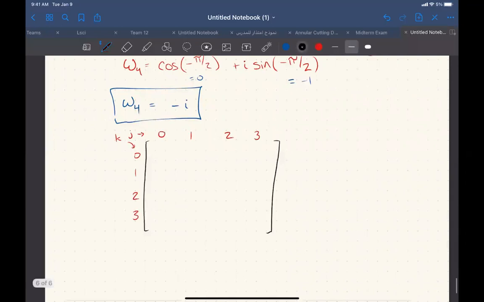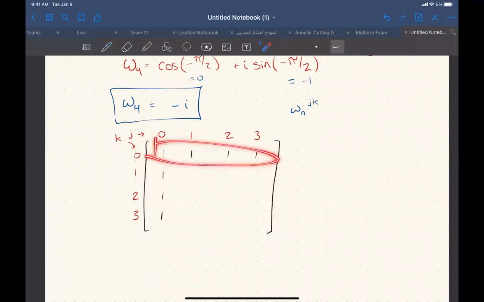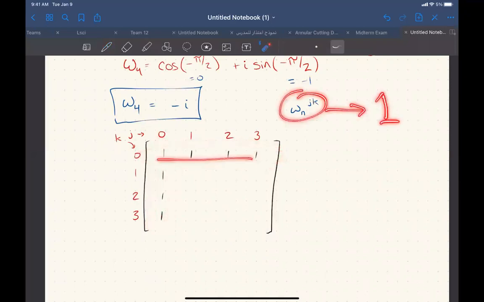Of course, you'll remember that the top row and the first column are 1s. And every element inside, even these top rows and top columns, is simply omega n raised to the jk. Because in these cases, j or k is 0, that makes this whole value go to 1. That's why all of these are 1s.